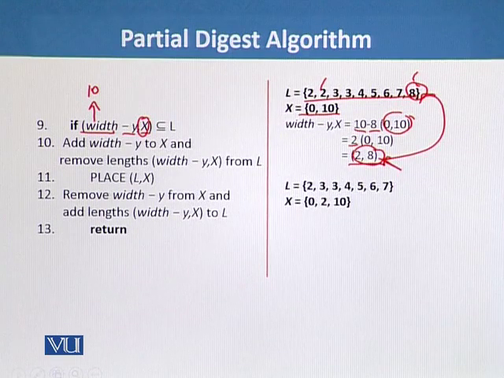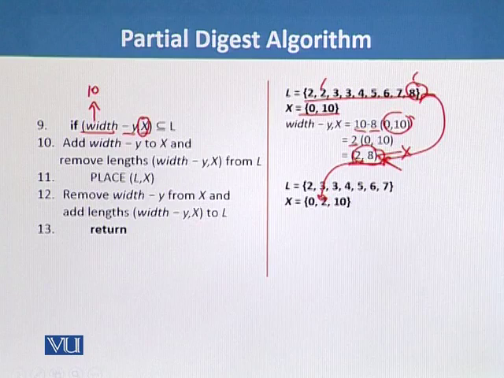And we have already seen that in the actual problem, we have taken 2 in the X and we have removed 8 from the L. So this way we can solve the problem step by step.